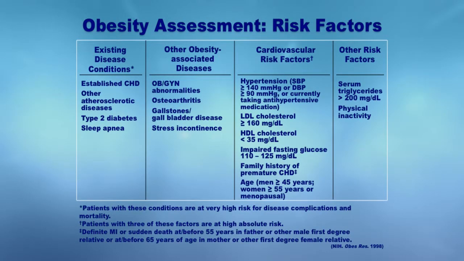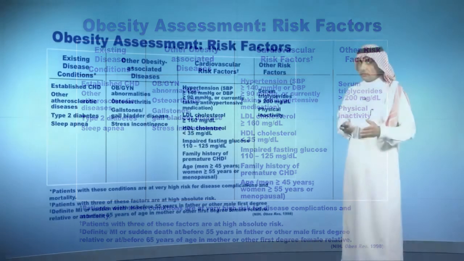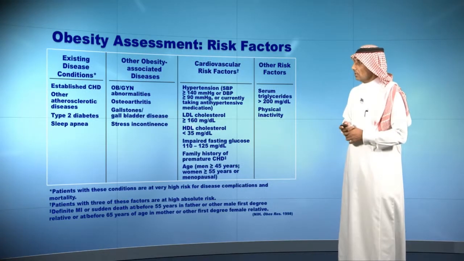So here, regarding how we assess risk factors, obesity assessment for risk factors. Existing disease, which is established coronary artery disease, diabetes type 2, sleep apnea. This is, let's say, from obesity.